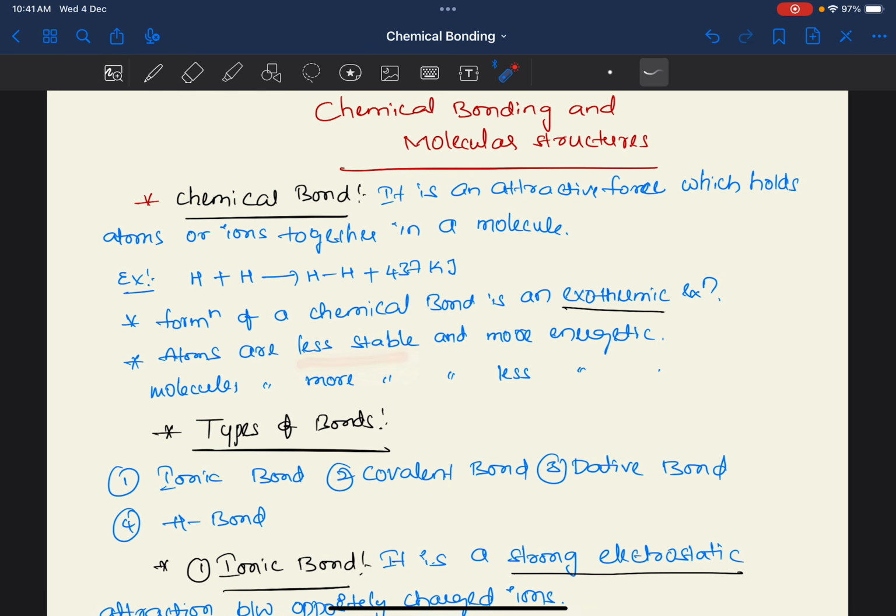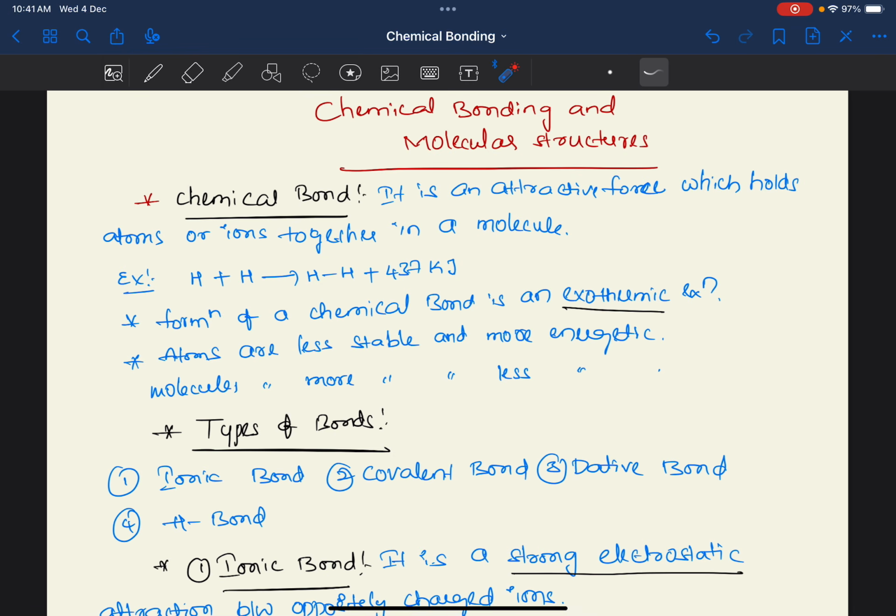For getting stability, those atoms combine to form molecules, so molecules are more stable and less energetic.